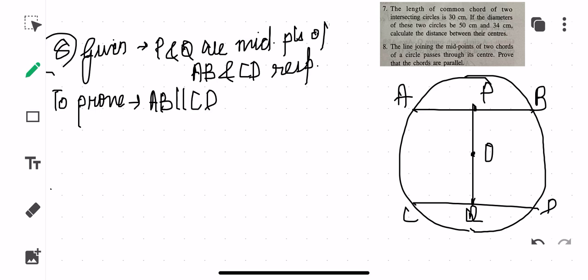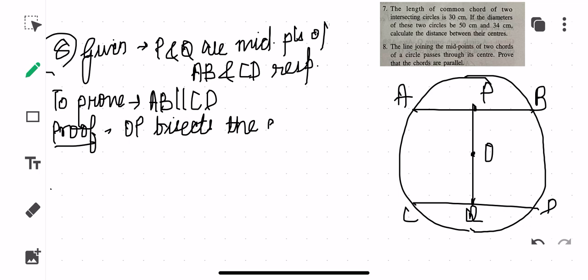So how are you going to prove that? So write down proof. So it's an easy one, children. See, you know that OP is bisecting the chord. So this implies that OP will be perpendicular to AB. Okay. Write down now. OP bisects the chord. So this implies OP will be perpendicular to AB.